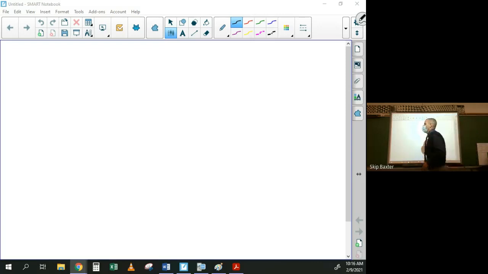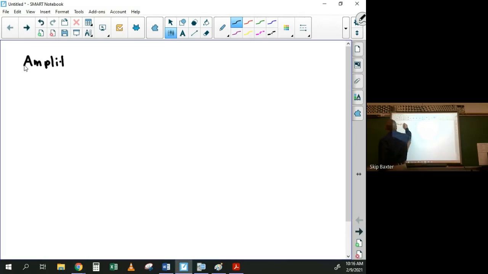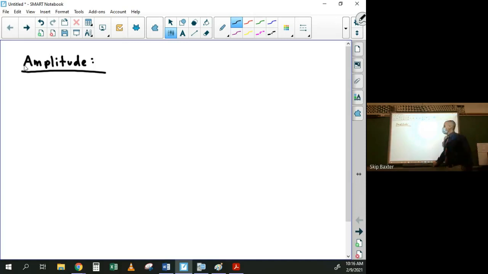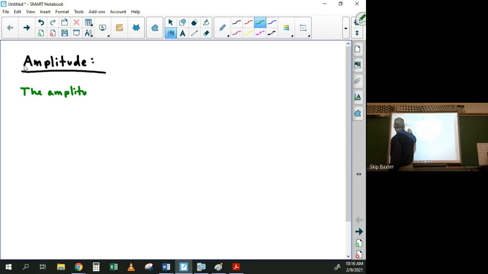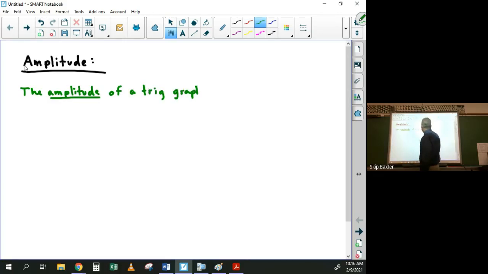Okay, so today we're going to talk about amplitude. So the amplitude of a trig graph is how far away from the midline the graph gets.